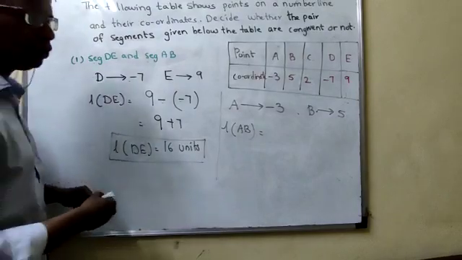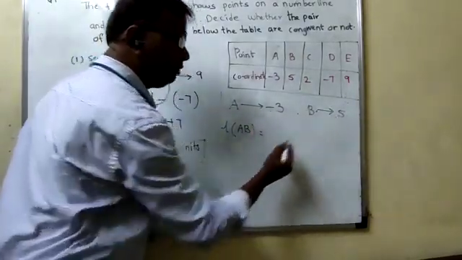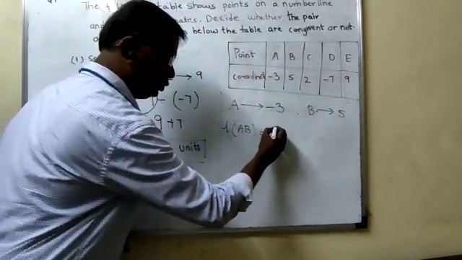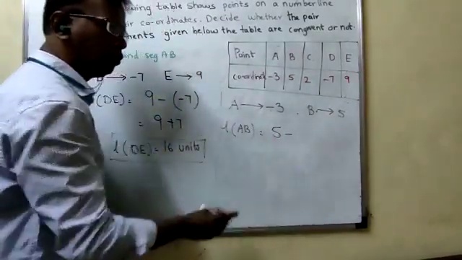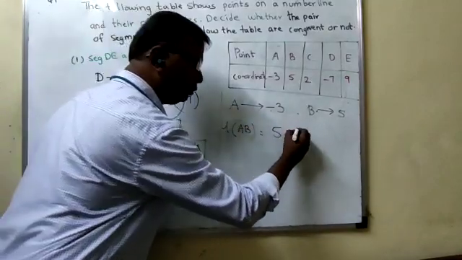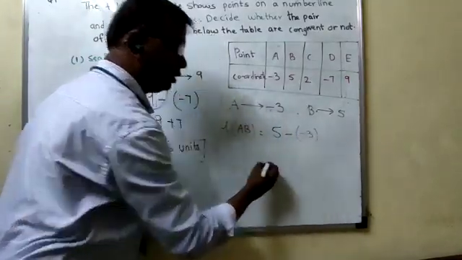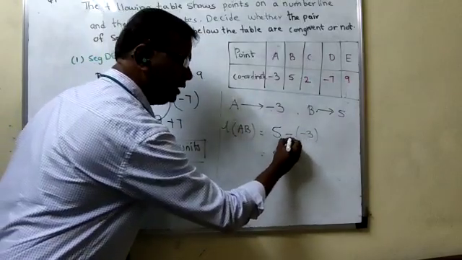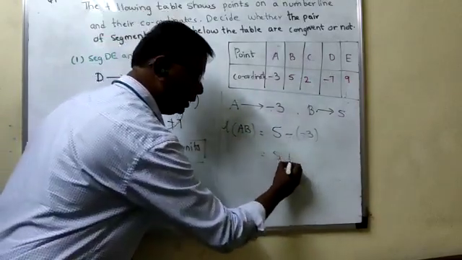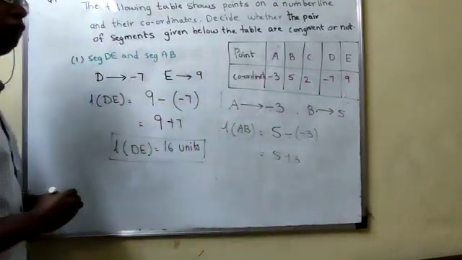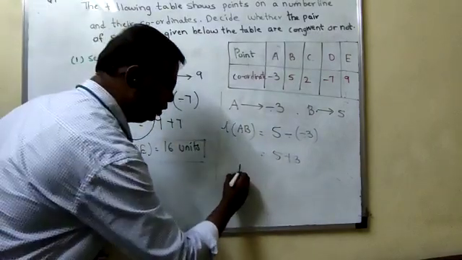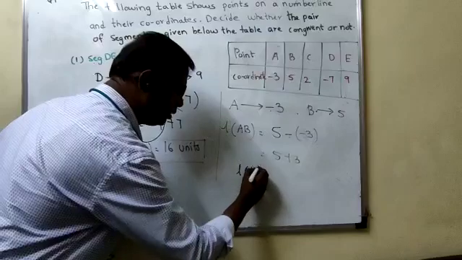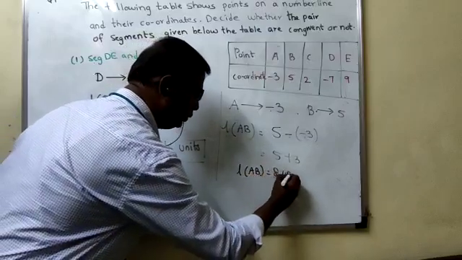Which is the larger coordinate, -3 or 5? 5. So larger coordinate minus the smaller coordinate, -3. It is negative, so we take it in brackets. That is 5, minus and minus is plus. So 5 plus 3 is how much, students? 8. So the length of AB is equal to 8 units.